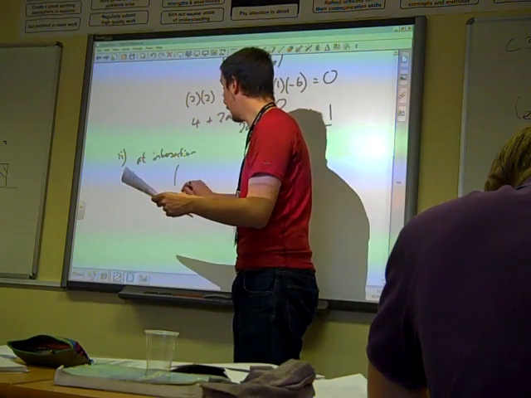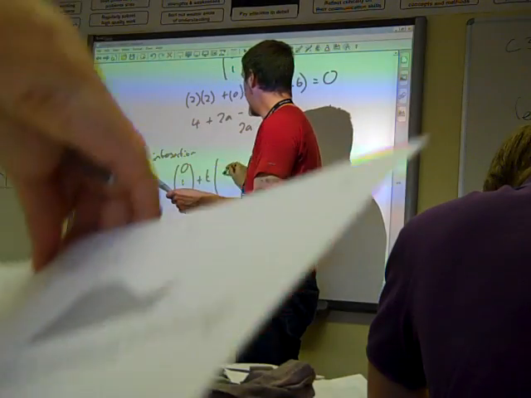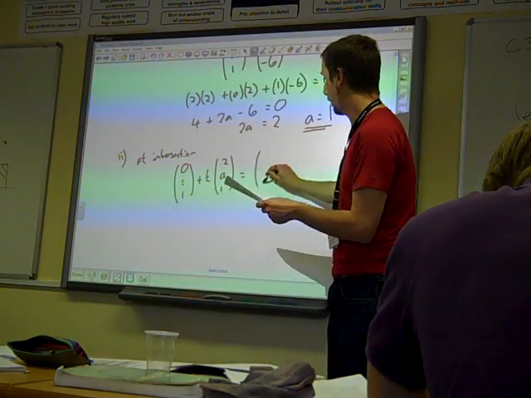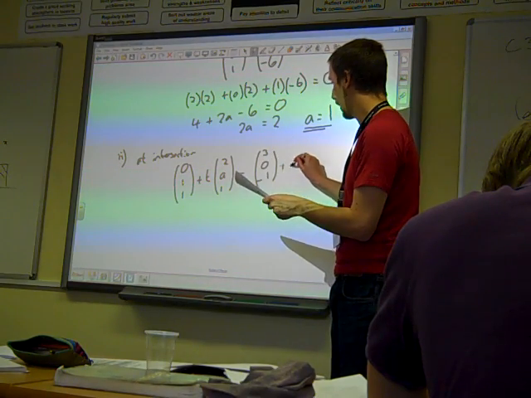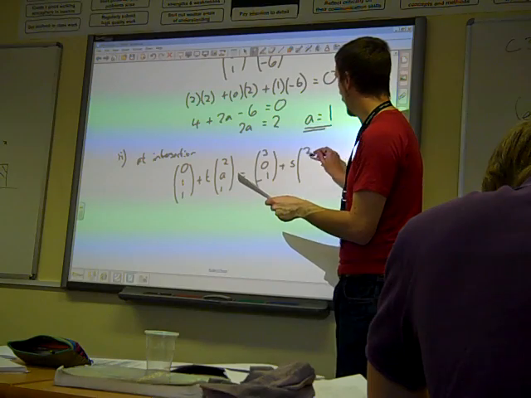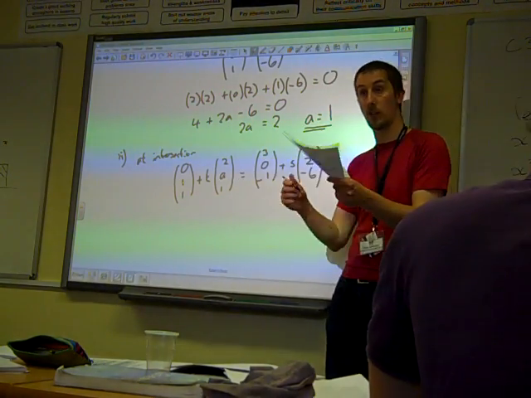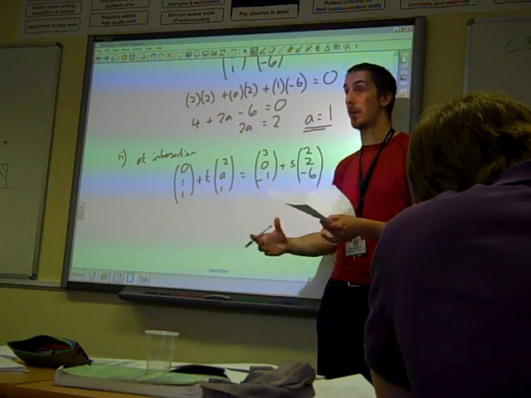So we're saying that the first one, (0, 1, 1) + t(2, a, 1), is equal to (3, 0, -1) + s(2, 2, -6). I'm working in column vectors rather than i, j and k because I just find it easier, but it's personal choice.